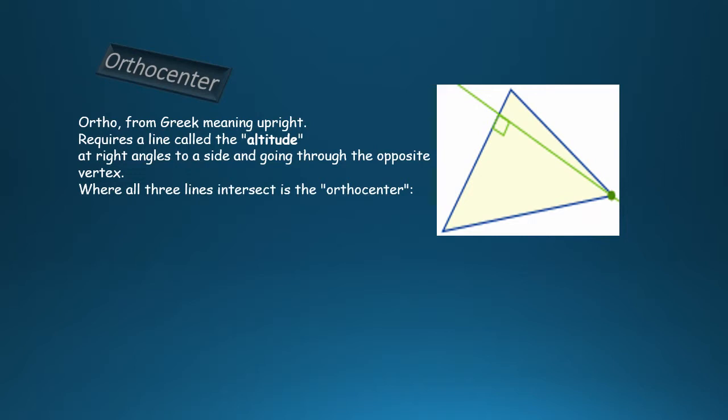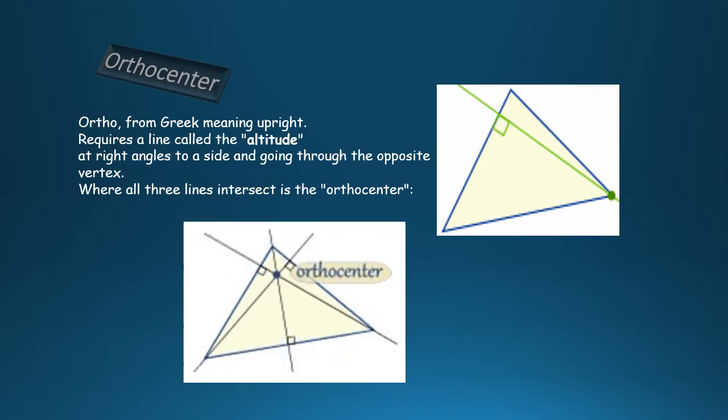This doesn't necessarily go through the center of a line, but it does go through the vertex. It's just the way that we set up an altitude when we want to try and determine what the area of a triangle is. So when we have all three of these, we have the orthocenter. Remember, ortho is Greek for upright.